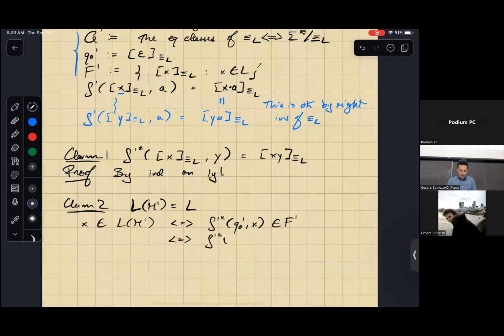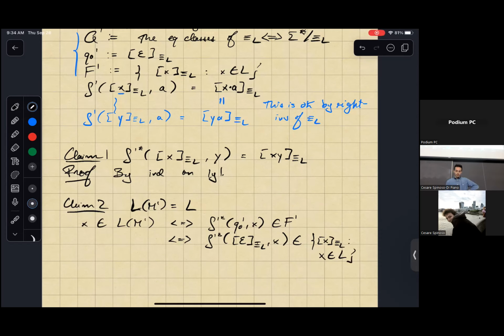So delta prime can stay the same, but Q0 prime is just the equivalence class with representative the empty string. Then I have my input string x, and I have F prime. What is F prime really? Well, it's the set of equivalence classes for which the representatives of those equivalence classes are in L.